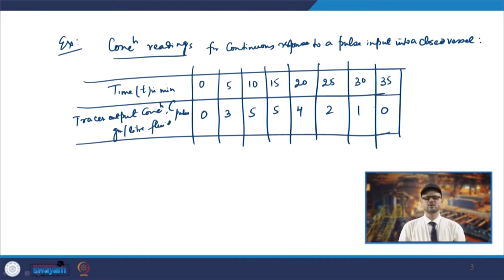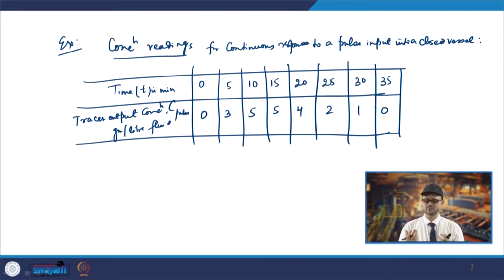This is how your concentration readings come when you are measuring. There are many measuring devices, such as conductivity meters, by which you can measure, and there are many data sticks. So, there are many devices used for measuring this output concentration.